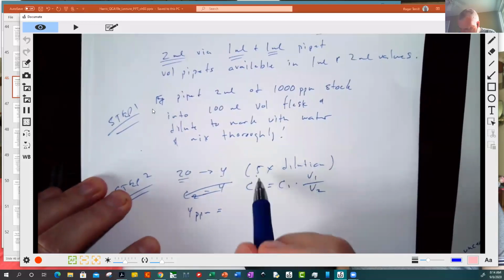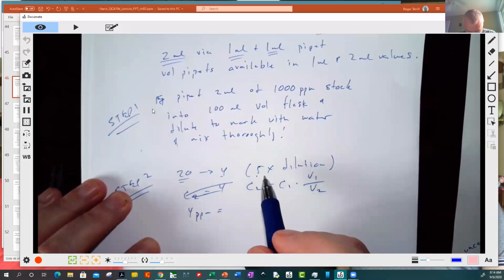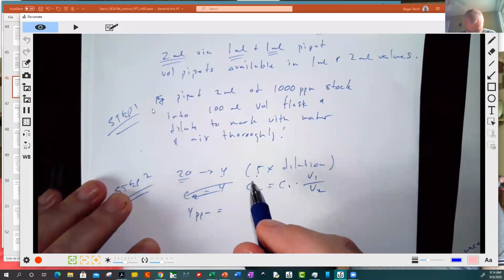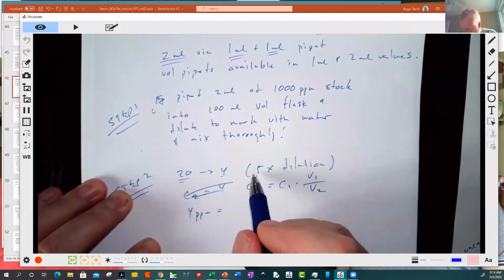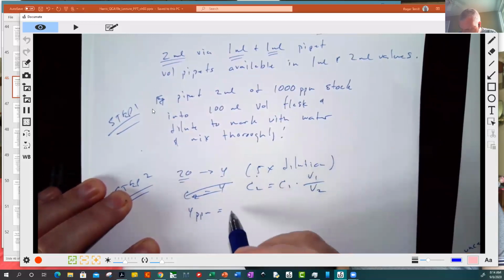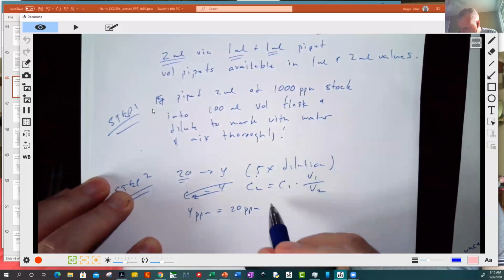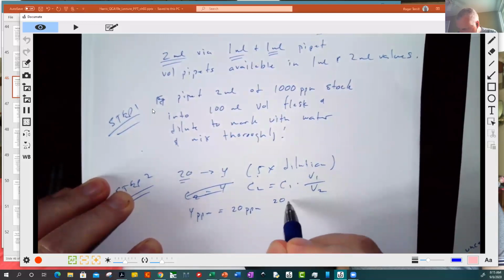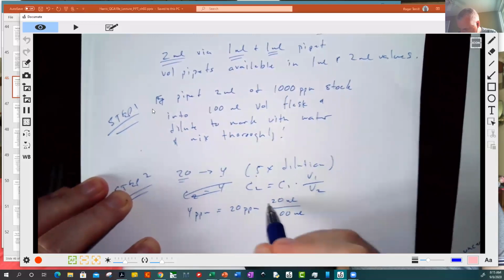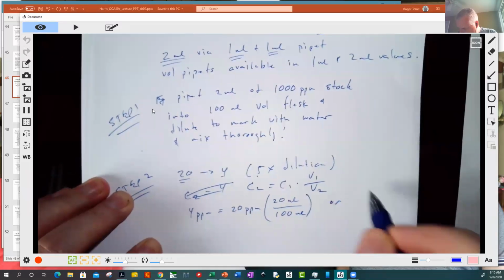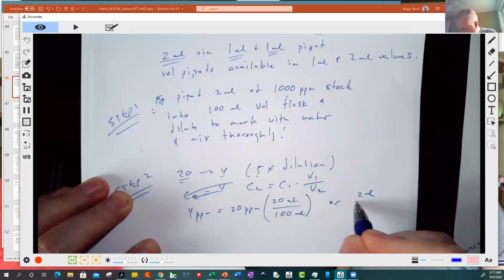And what we can do is say, well, a 5x dilution here, this is going to be 20 parts per million. A 5x dilution is going to be 20 mLs over 100 mLs, for example, or 2 mLs over 10 mLs.